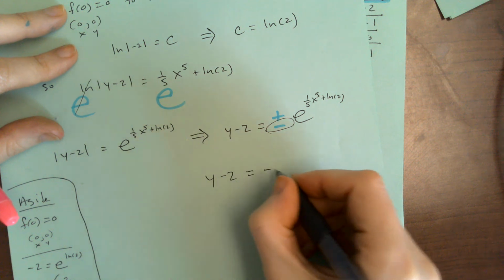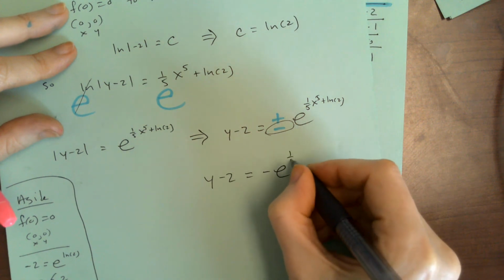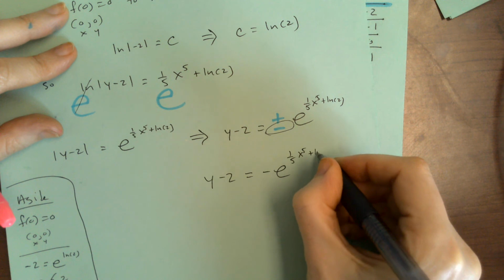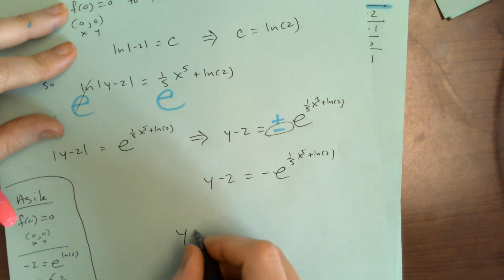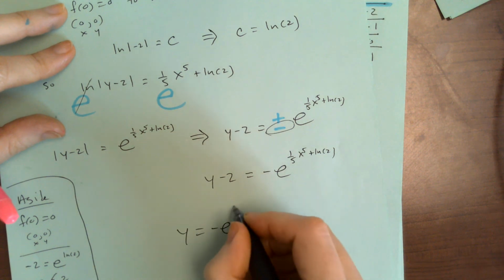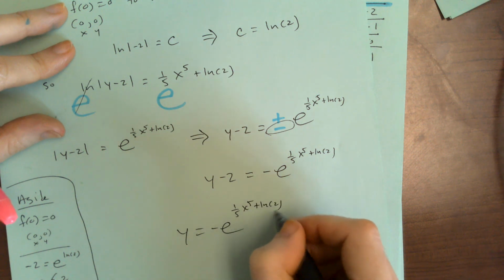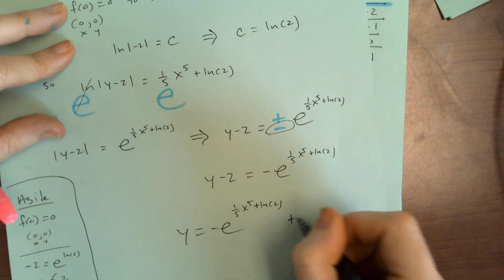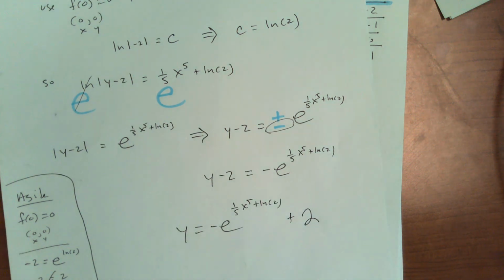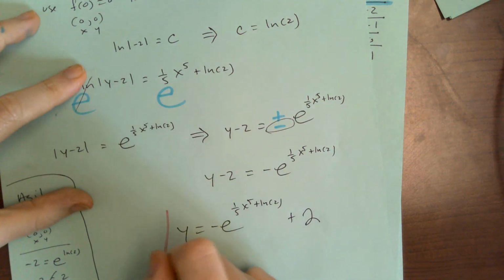So y minus 2 is -e to the (1/5 x to the 5th plus natural log of 2), so y equals -e to the (1/5 x to the 5th plus natural log of 2) plus 2. Okay, guys, there's that.